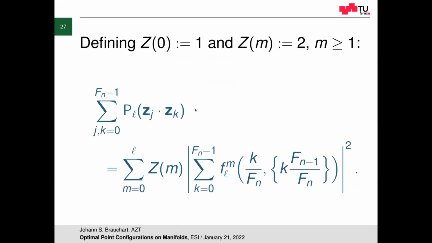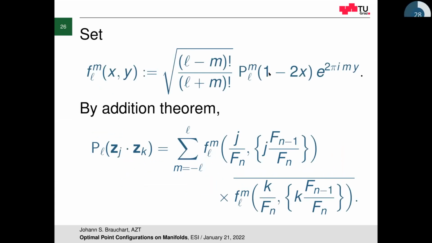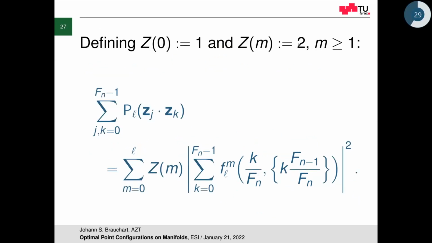So the not normalized form of the Weyl sum is simply a sum of squares, and these squares have an interpretation as numerical integration errors. The Zm is simply 1 if little m is 0, which means that in this formula we have the Legendre polynomials. It becomes 2 if we deal with the associated Legendre polynomials.